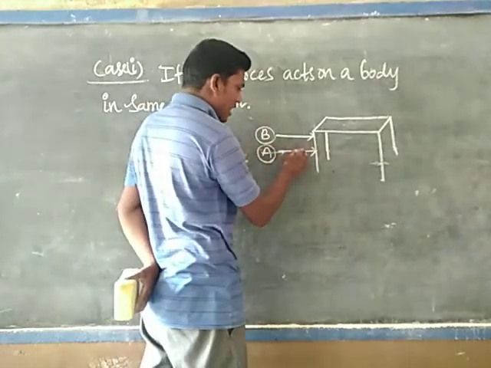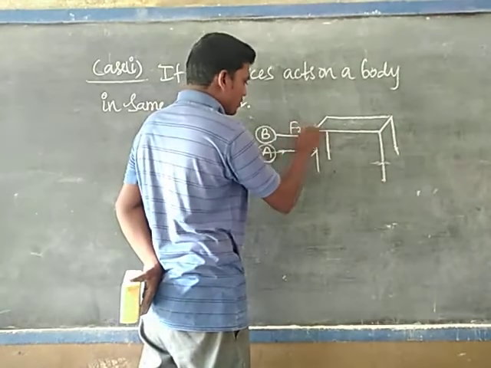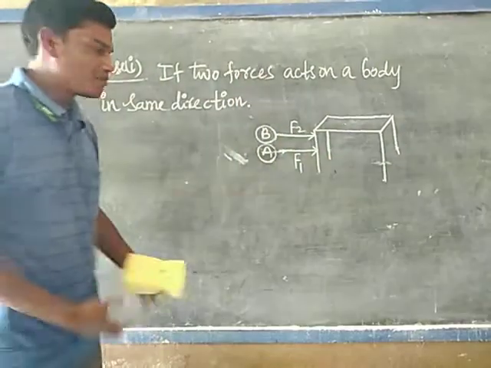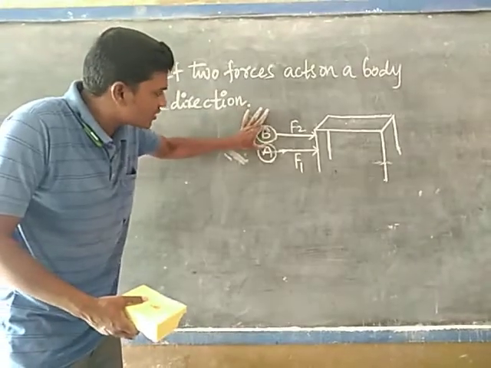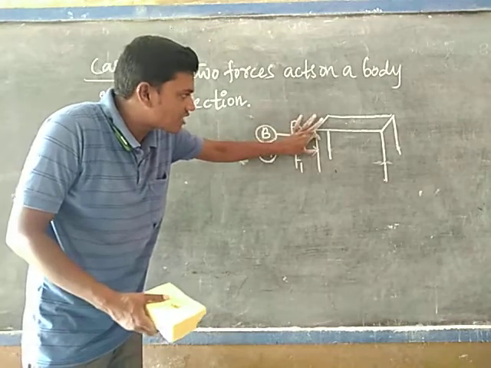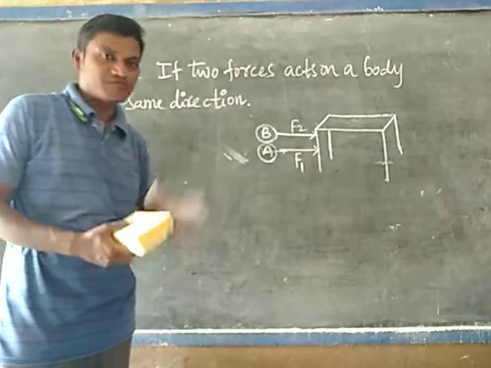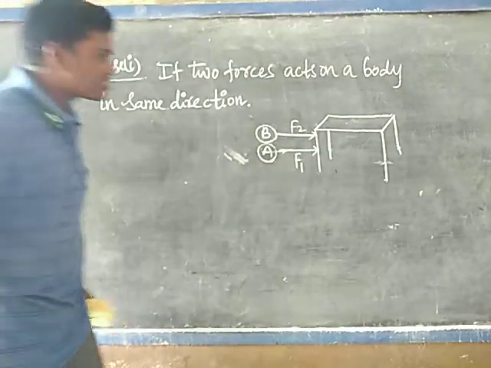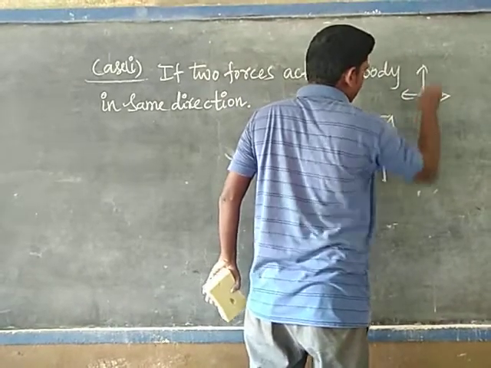Then at the same time, person B also applies a force on the table, F2, in the same direction. F1 and F2 are from A and B. These two persons push the table at a time with F1 and F2. Understanding or not?